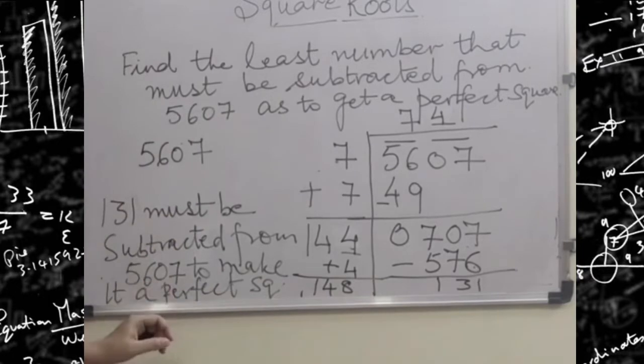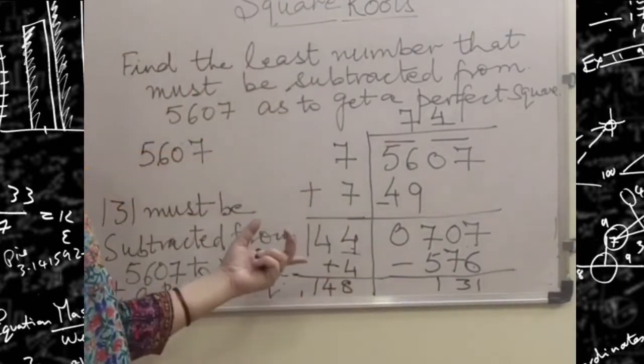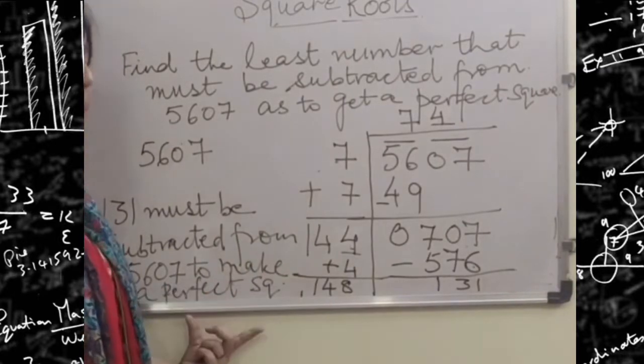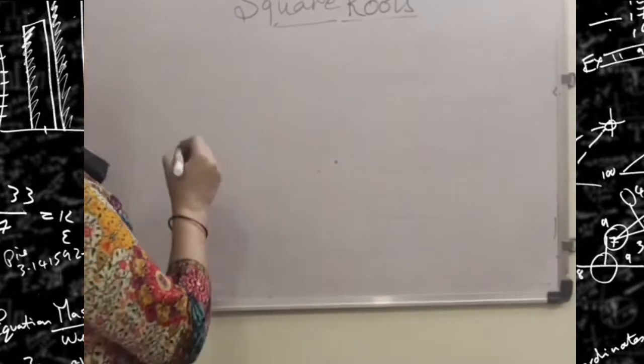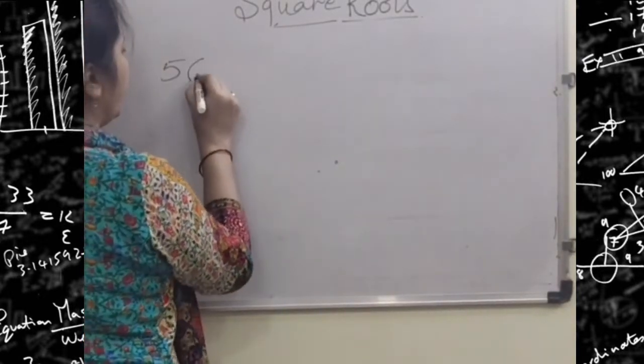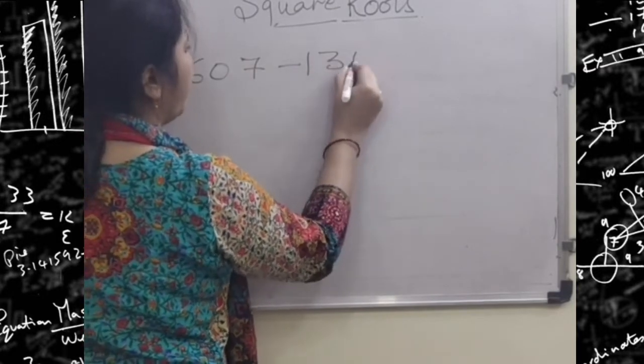What we will write? 131 must be subtracted to make it a perfect square. Now what we do? We write the number 5607 and subtract 131 from it.